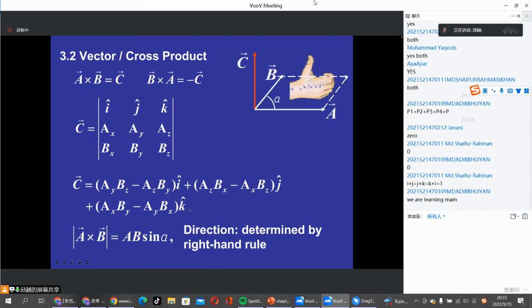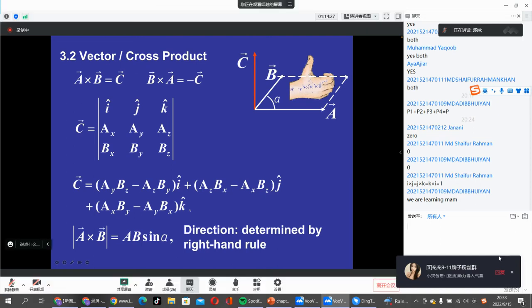Here, the direction is determined by the right-hand rule. First, you need to put up your right hand. Then, first, you have a thumb and four fingers.